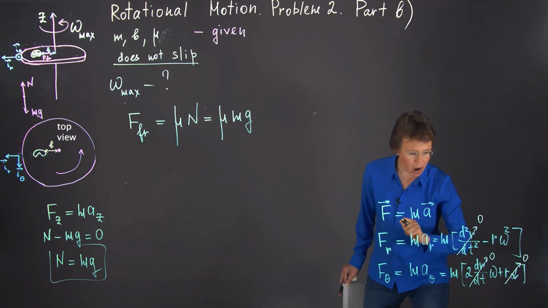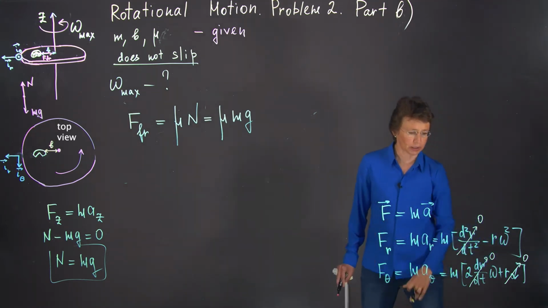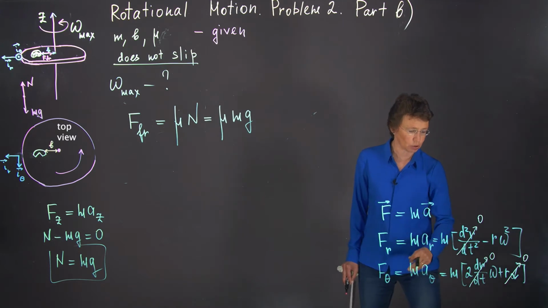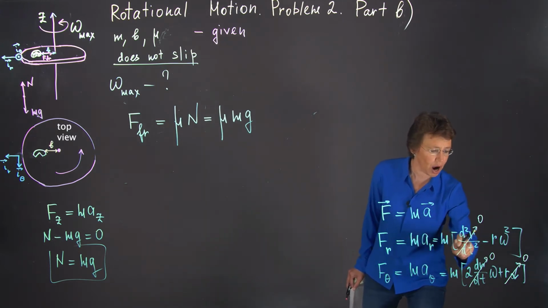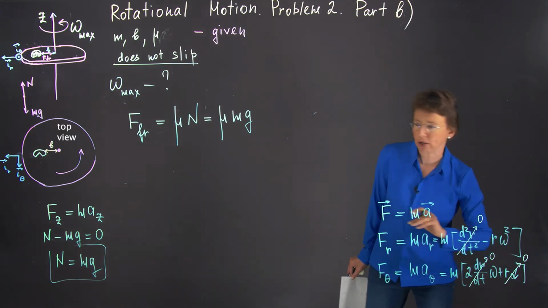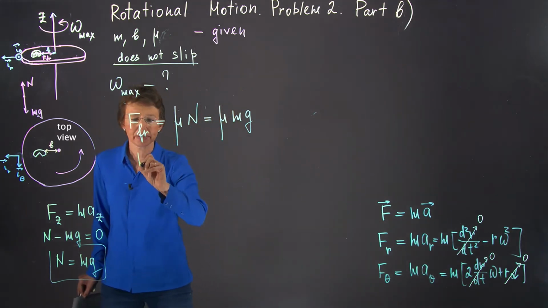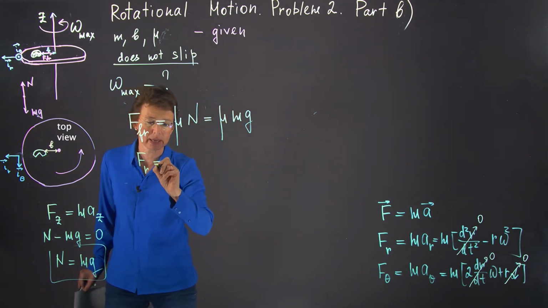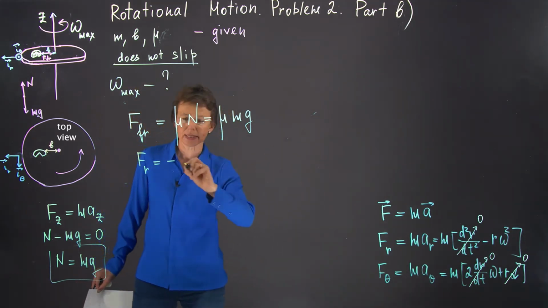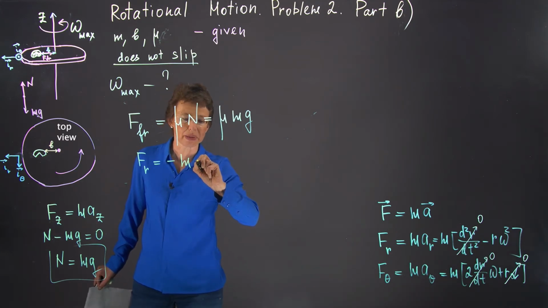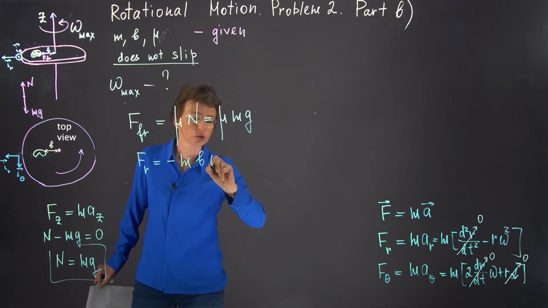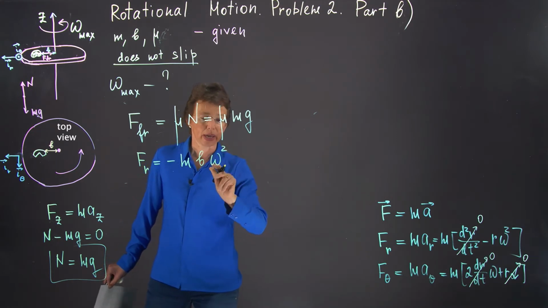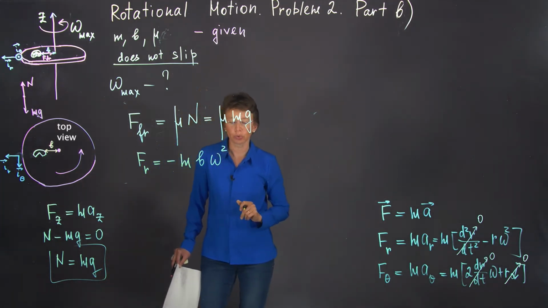F sub r is m times d2r dt squared, which is 0 because r is constant, so I have F sub r equals minus m r omega squared. It's still the same as in part A: minus m, r is b, and omega squared, where omega is unknown now.